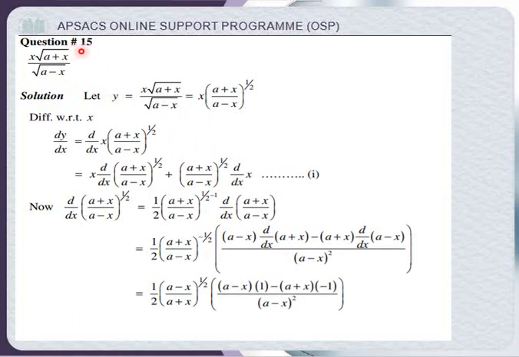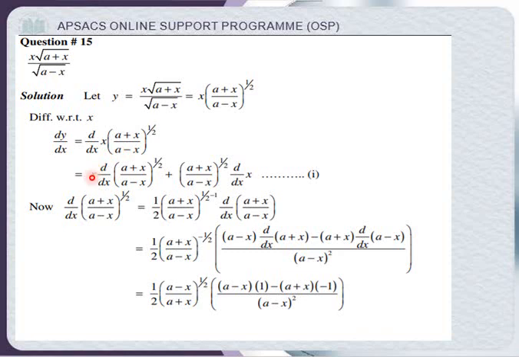Now question number 15. In question number 15, you can see that first you have to apply the u into v rule, because x is there as well. This is u and this whole is v, uv. What is uv?